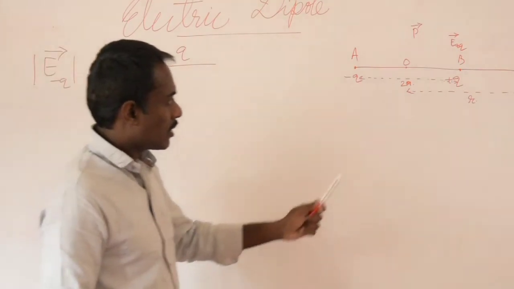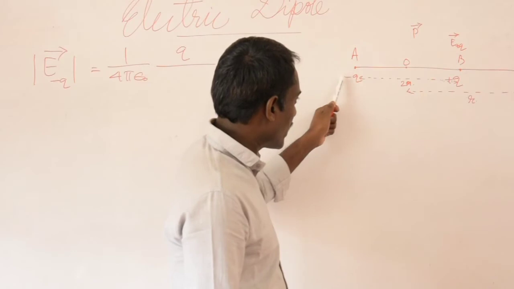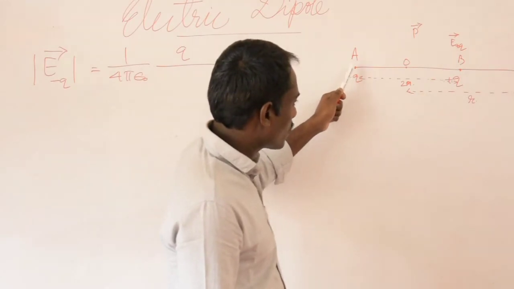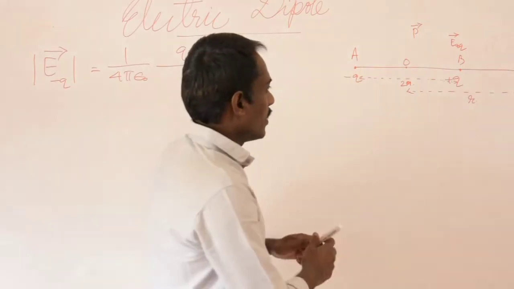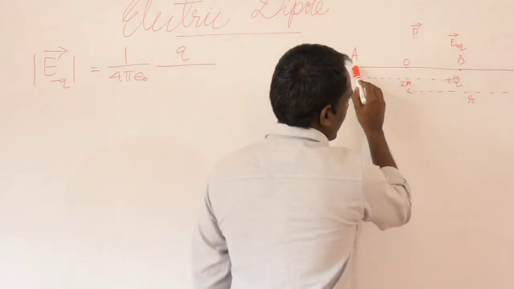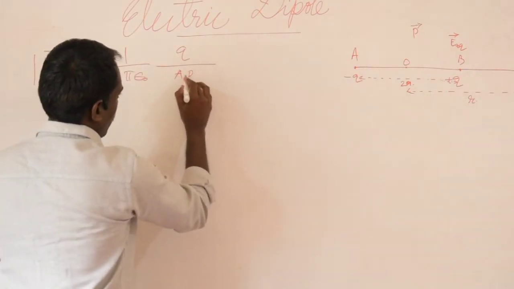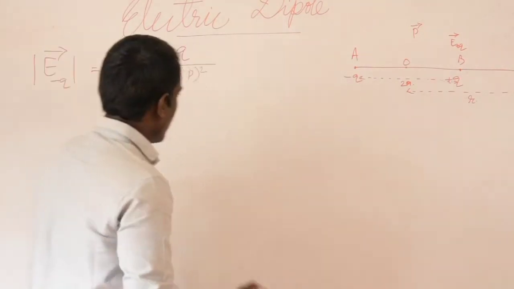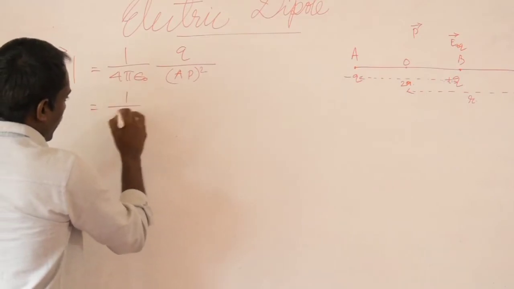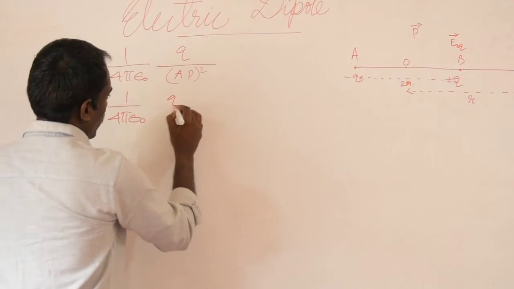And what is the distance between them? Here, since the electric field produced by the negative charge is placed at the point A, then to the point P, the distance between them is AP. So we write E minus Q equals 1 by 4 pi epsilon 0 into Q divided by AP square.